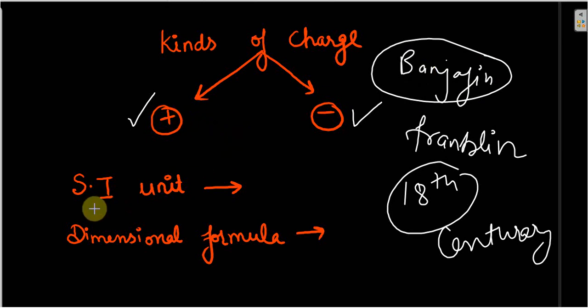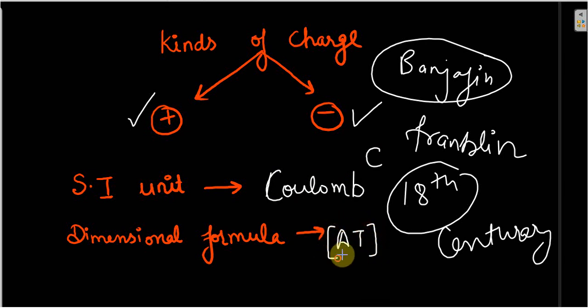So now what is the SI unit of charge? The SI unit of charge is coulomb, and the symbol is C. And what is the dimension formula? The dimension formula for charge is AT. How is it AT? A is current, ampere.